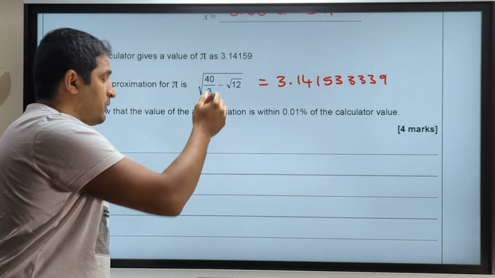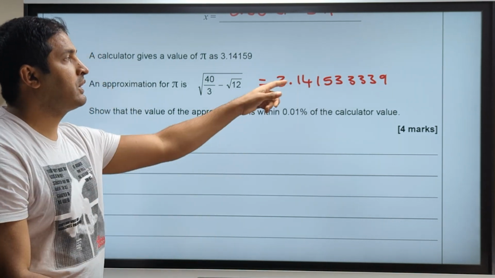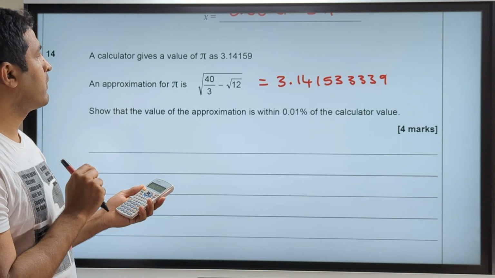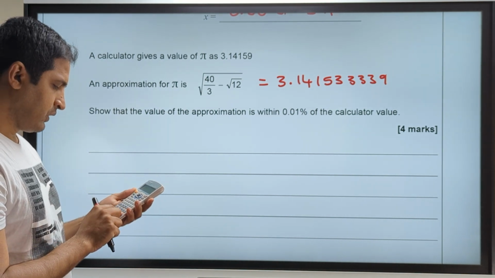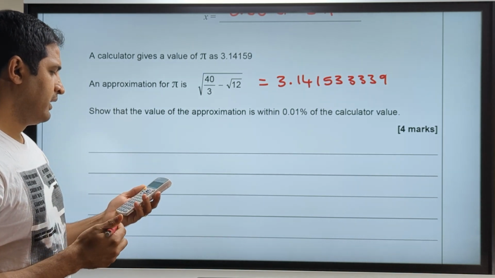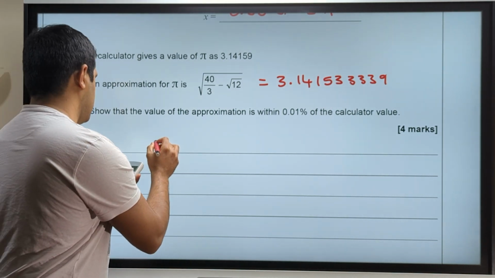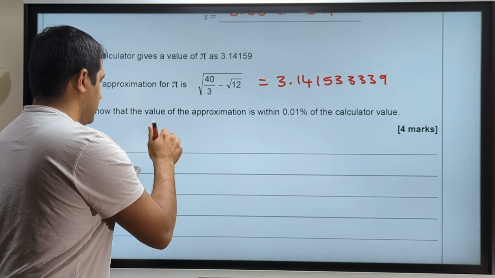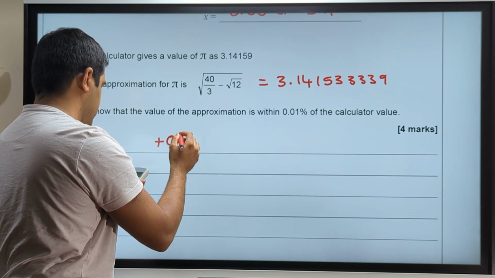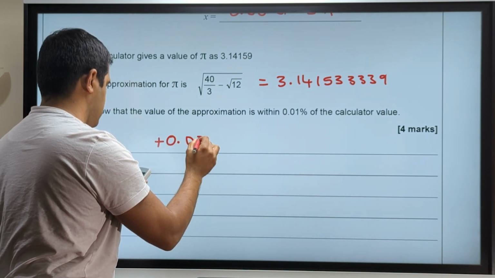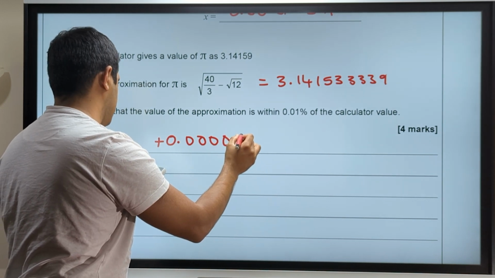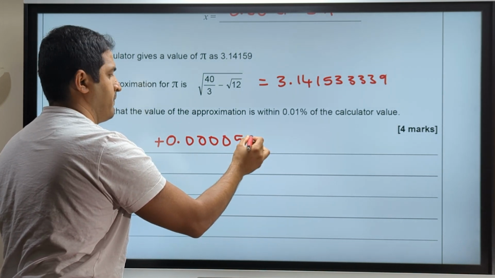So if you do the answer we got, taking away pi, which is 3.14159, so take away 3, and I get negative 0.001. Well, the difference would be positive because I'm doing that take away that. So 0.0005661.